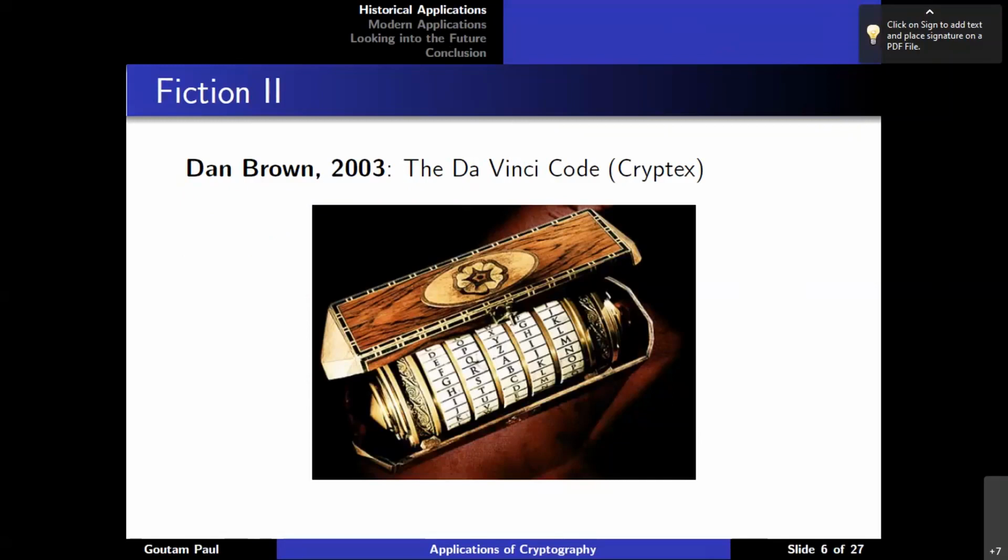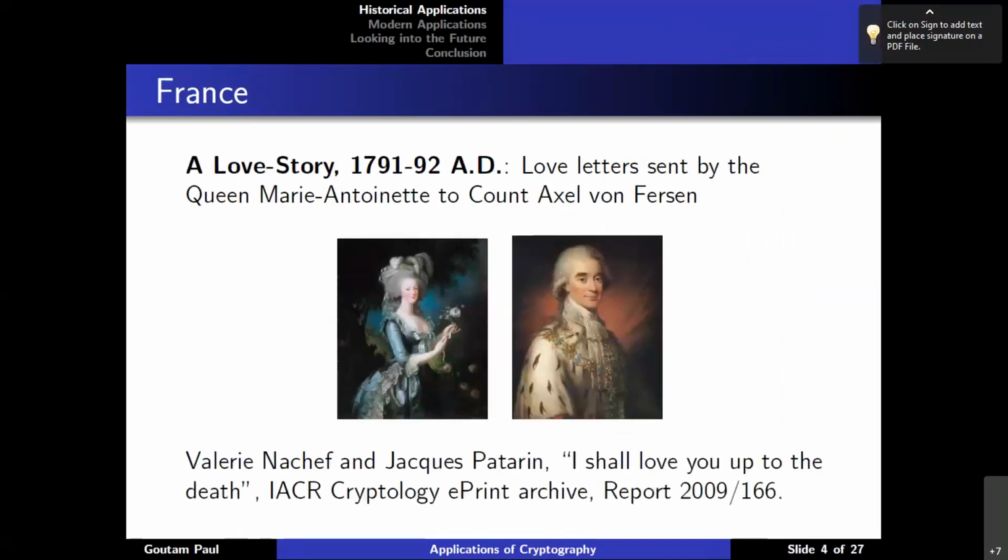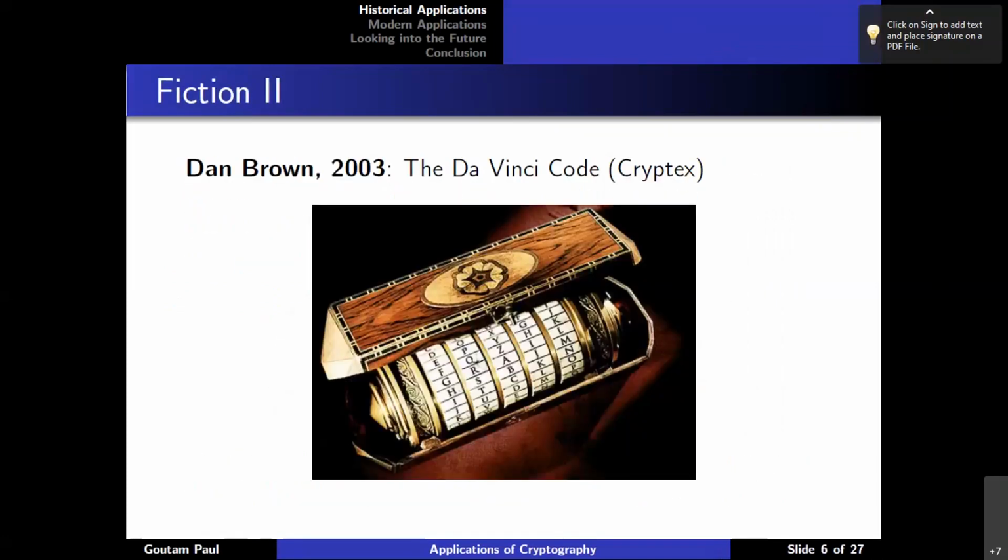Then the famous fiction, Da Vinci Code, Dan Brown, 2003. It talks about a device called Cryptex, which looks similar to the Greek scytale, which we talked about here, right? So this is a sophisticated version of the scytale, you can say. Instead of one stick, you can imagine there are 5 sticks arranged along an axis, and then there are rotors, in the form of disks.